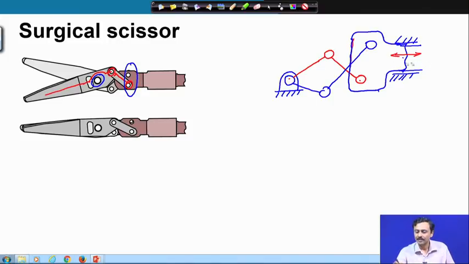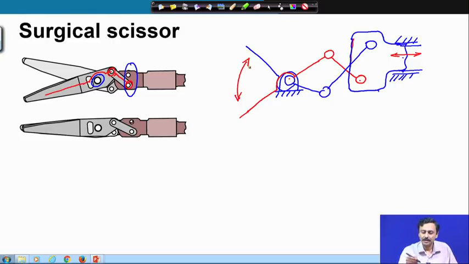As this slider slides, it is going to rotate these two blades. Let me just show you the extension. This is one extension of one blade, and this is the other blade extension. As you slide, these two blades come close or move out. So, that is the kinematic diagram of the scissor.